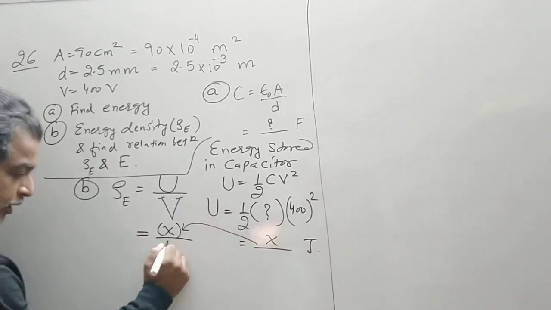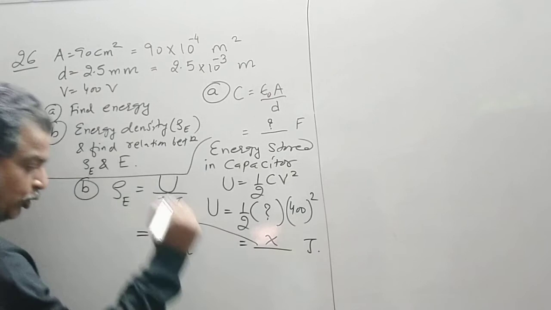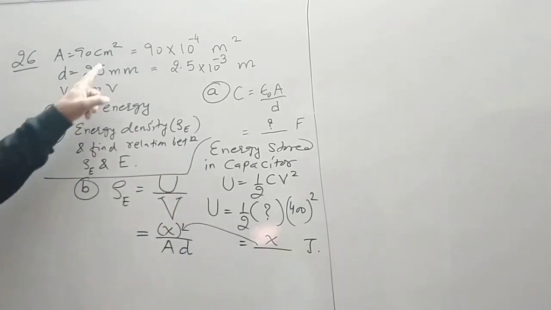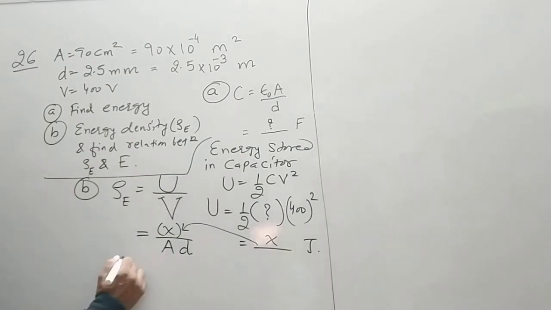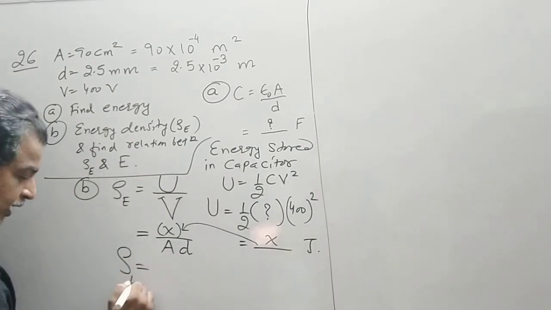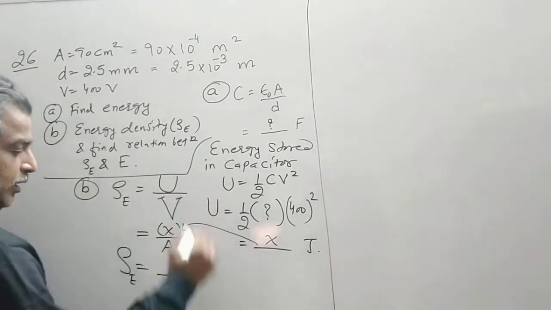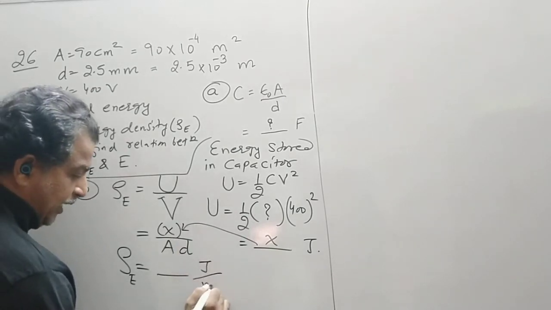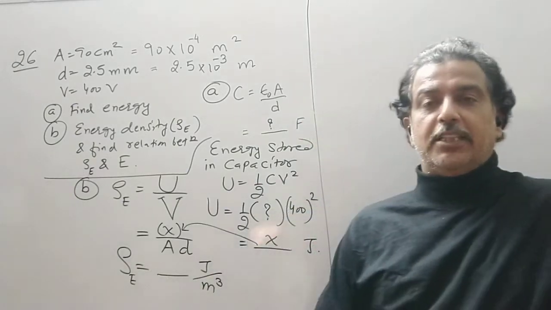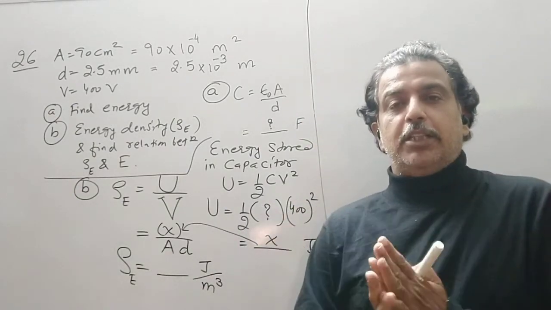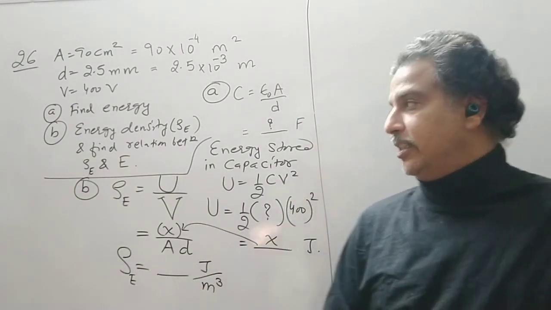Volume of a capacitor can be written as area into distance between the plates. So area is given, distance is given, substitute these values and you will get rho E, and the unit will become joule per meter cube. How much energy a capacitor stores in 1 meter cube is known as energy density.